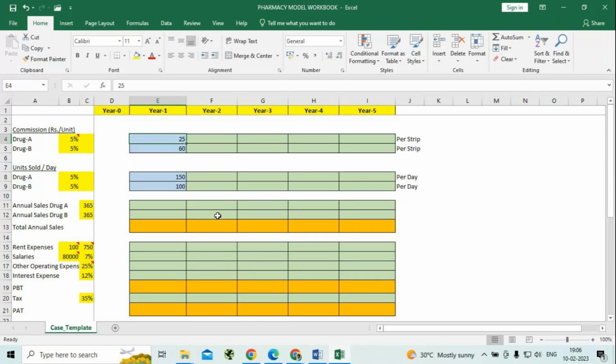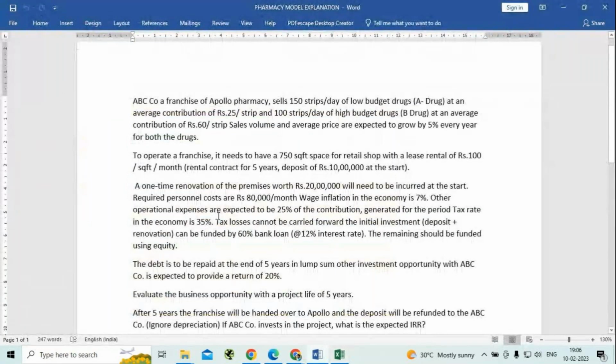Okay. So the next thing is that the sales volume and the average price are expected to grow by 5% every year for both the drugs.